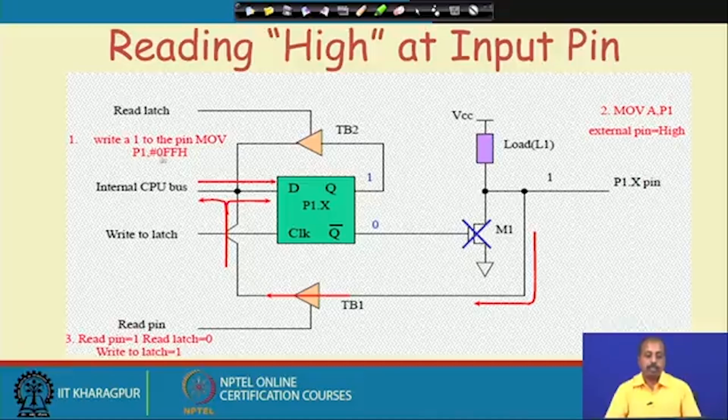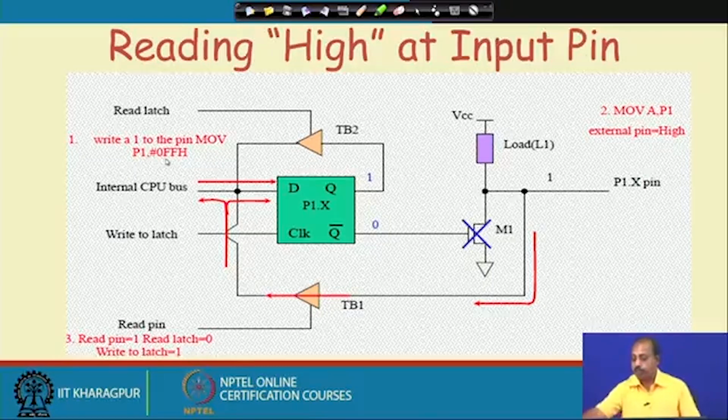By executing the instruction MOV P1, #0FFH, all the bits of port 1 will be configured as input bits. Now after that you can do a read operation. This is the first thing that we have to do.